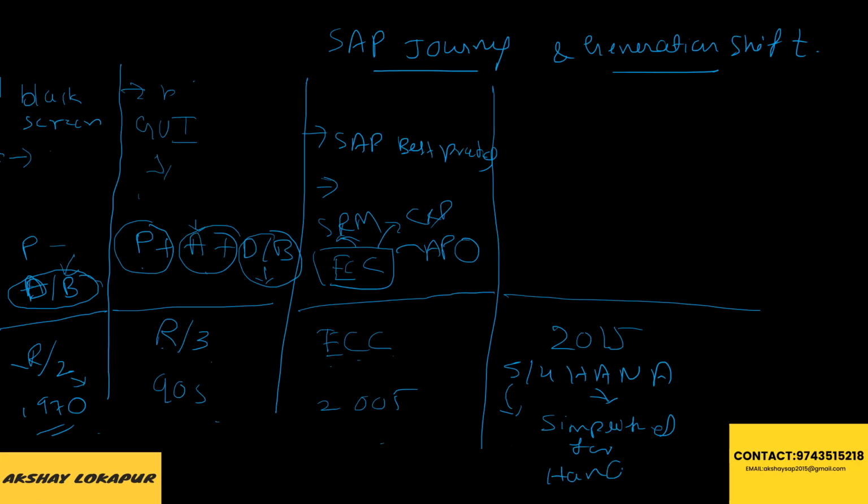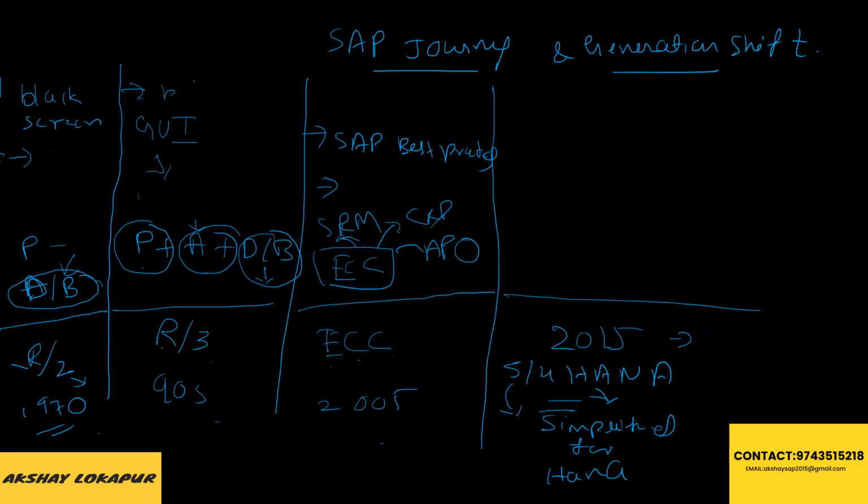This is the fourth generation. You can also call it SAP Business Suite 4 HANA. They started working on it in 2010 and came up with the first product in 2015.